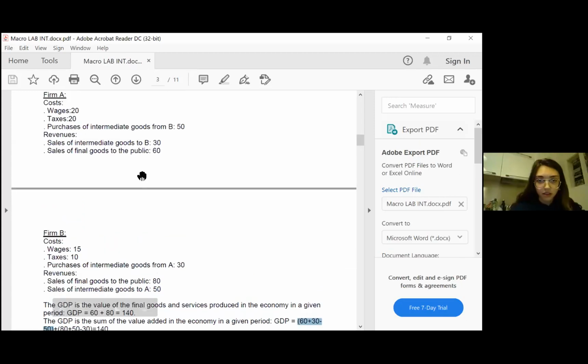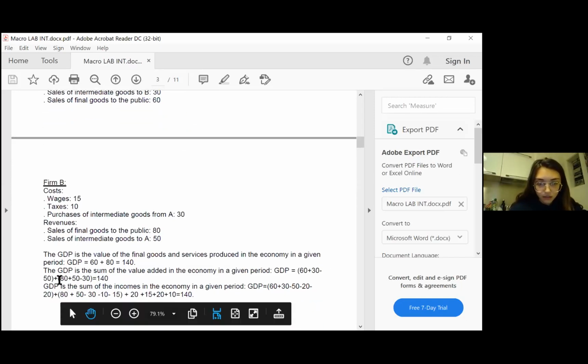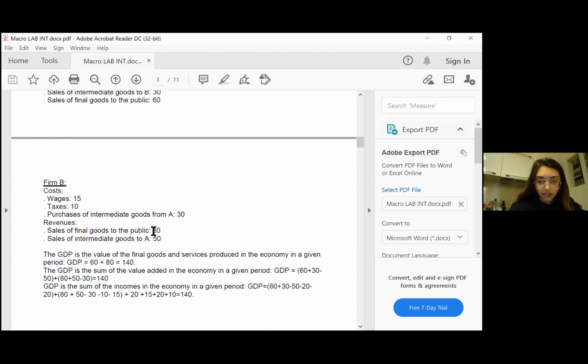So it's going to be this 60 plus this 30 and minus this 50 of purchases of intermediate goods from B. And then for firm B, what is the added value? It is 80 plus 50 minus 30. So 80 plus 50 of sales, and minus 30 of purchases of intermediate goods from A.